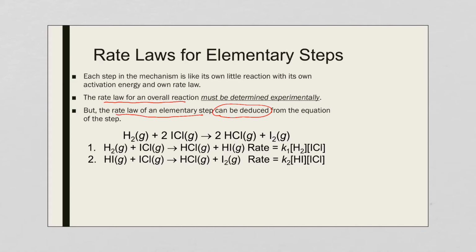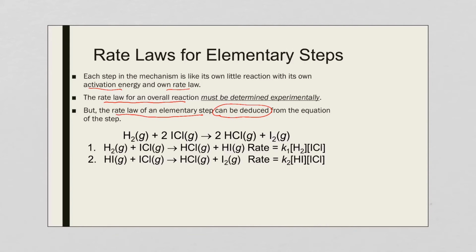So, while we can't write a rate law for an overall reaction, we can write rate laws for elementary steps. And so, each of these elementary steps will have its own rate law, its own activation energy, as we said here, and we can deduce the rate law. We could calculate the activation energy if we wanted to, if we could isolate this step, but the key is that they have an activation energy.